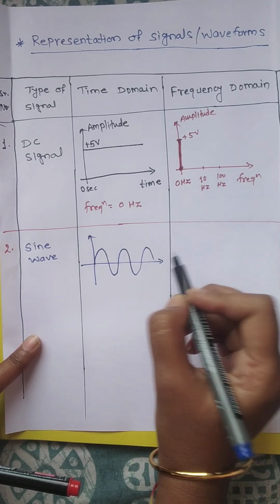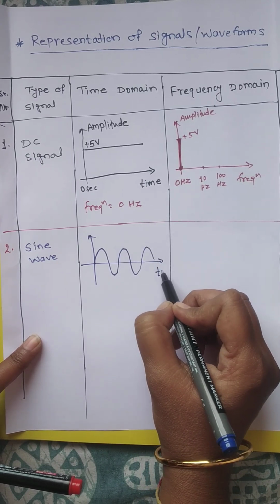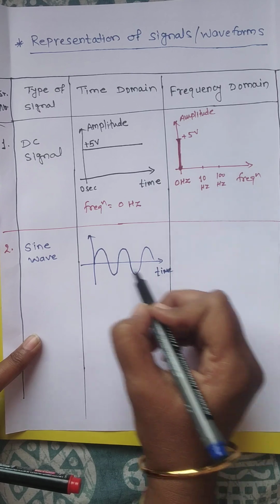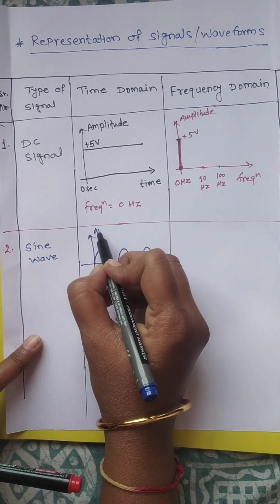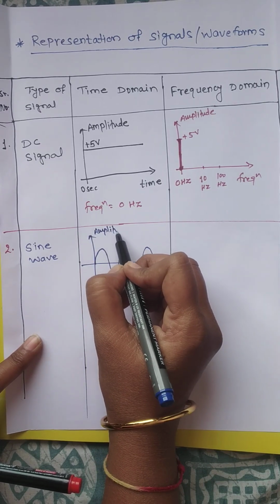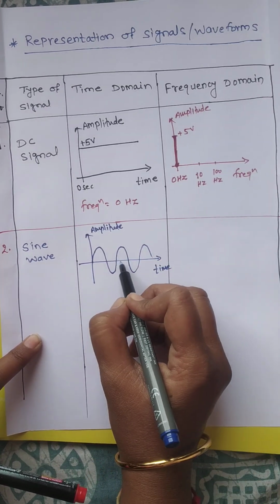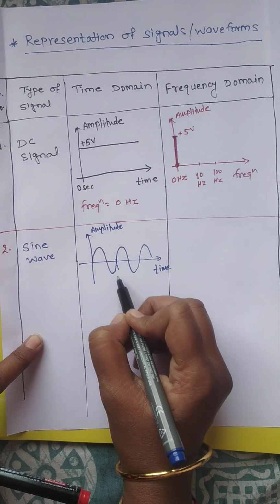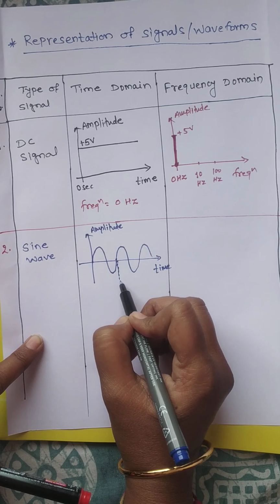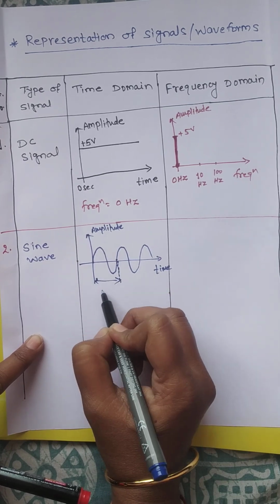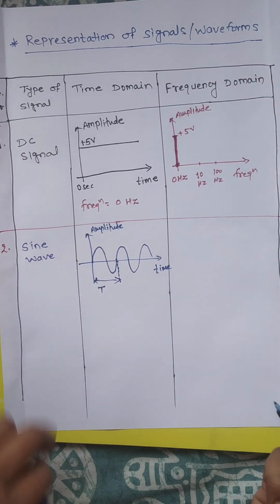So it is a sinusoidal wave. As it is time domain representation, means time is plotted on x-axis, amplitude, let us consider the voltage, is plotted on the y-axis. Okay. And how much is the time period?